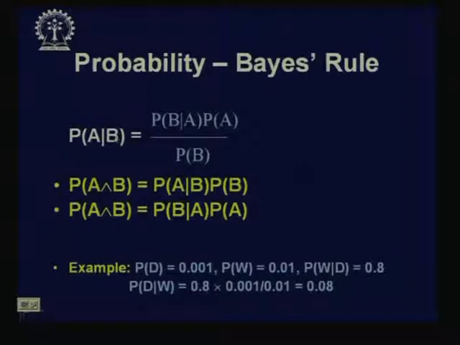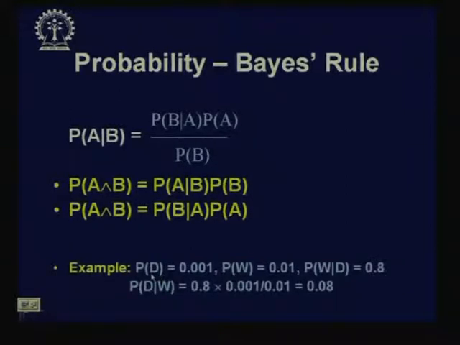That is expressed in terms of a priori probabilities of B and A, and also the probability of B given A. So, here we are trying to compute A given B in terms of the known probability of B given A, and here is an example of how we compute that, which was done in the last lecture also.